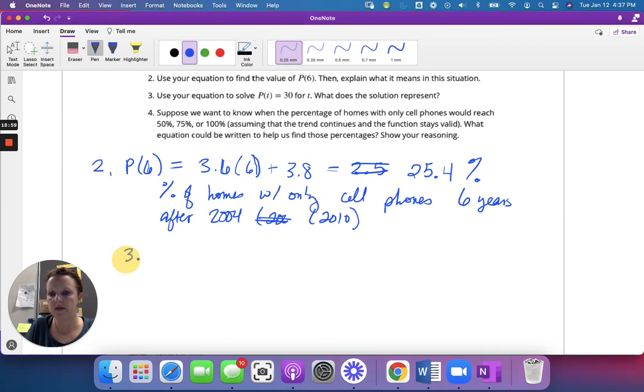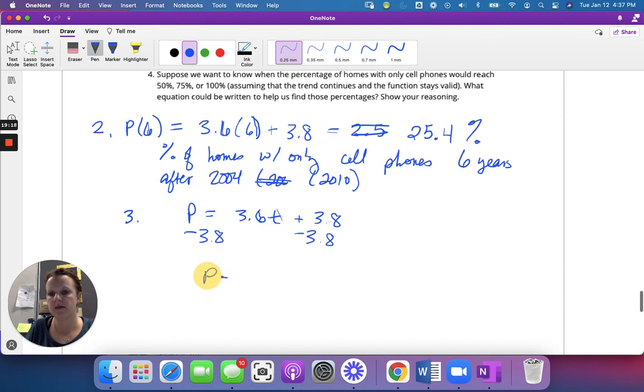So use your equation and solve it for t. So p equals 3.6 t plus 3.8. So I'm going to subtract 3.8 from both sides. So p minus 3.8.